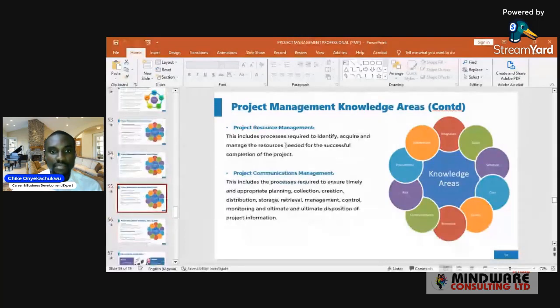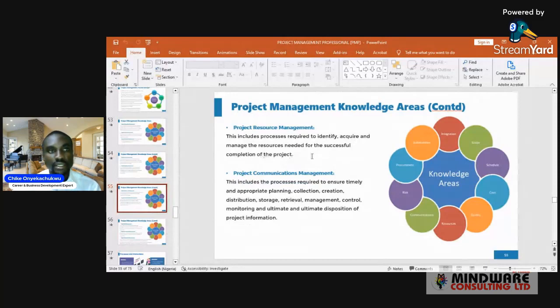Next is project resource management. This includes processes required to identify, acquire, and manage the resources needed for the successful completion of the project. So, when we talk about resources, we are not just talking about equipment and tools. We're also referring to people, human resources, subject matter experts.